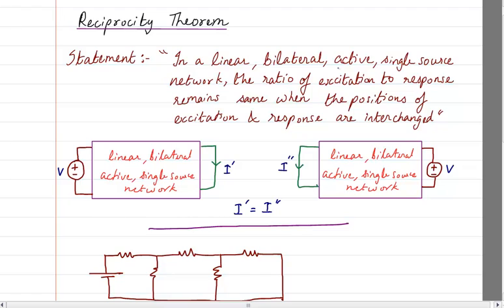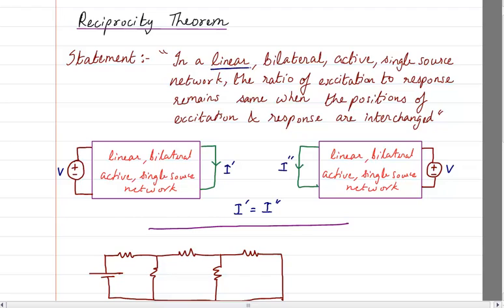Then active means only active components are present. That means there is no dependent source, only independent sources are there. Then single source network, it means there can be only one source.